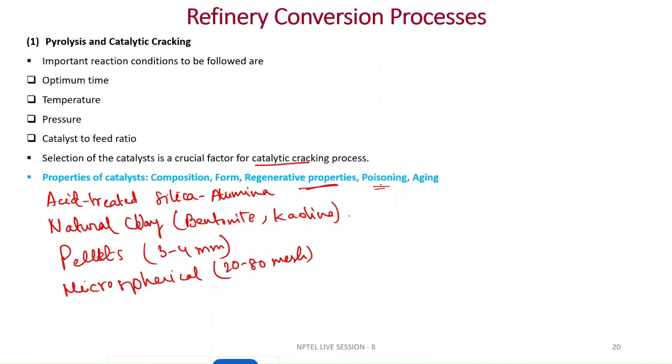And aging is also an important factor, because when continuous operation is going on, there will be a reduction in the surface area, a reduction in the active surface area, and there is a loss of reactivity of the catalyst.